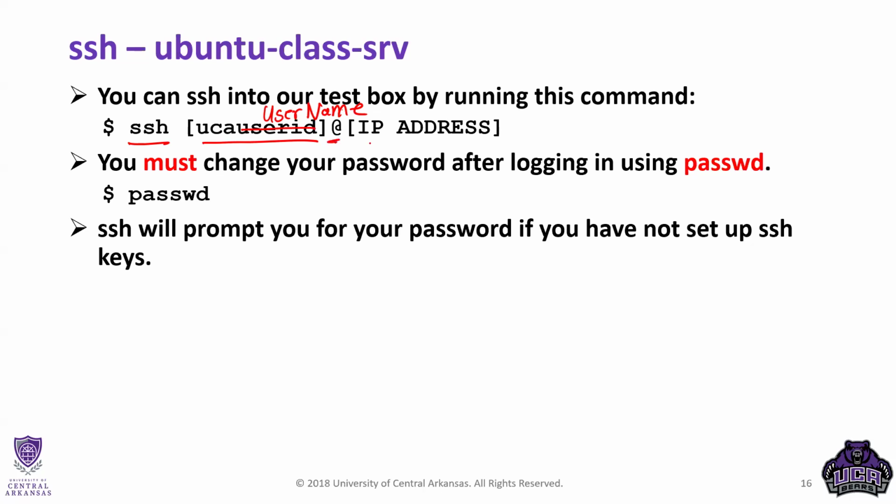And then we have the literal @ symbol and then the IP address of the server. We'll be using IP addresses. I don't map it to a name because the IP address changes all the time. In this, I actually change it. You don't have to change this, but it would be common practice for you to change it because we will be using your UCA IDs as the password, so that could be accessed by somebody else.